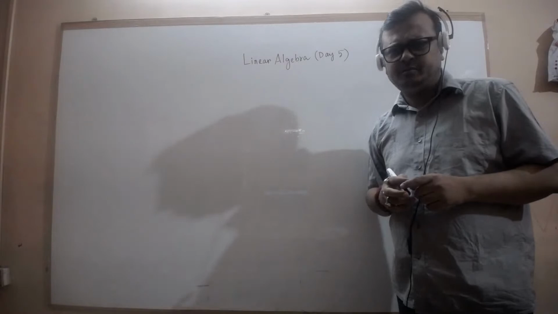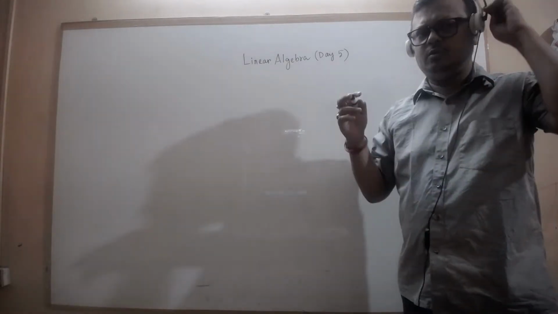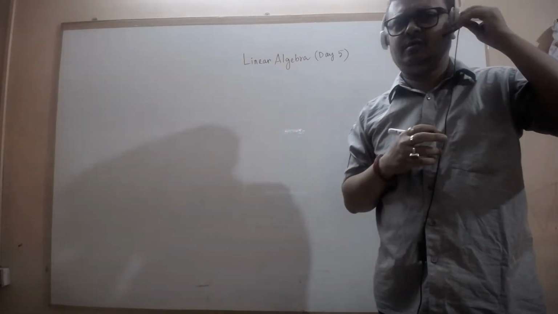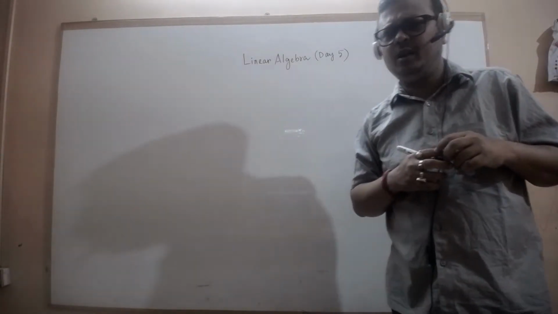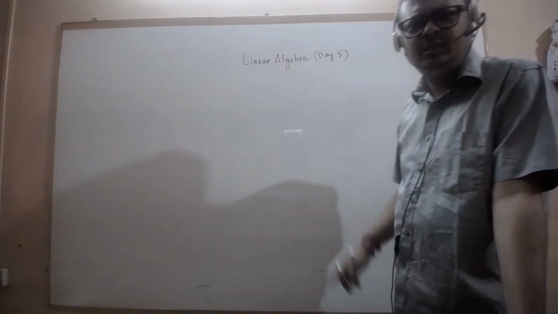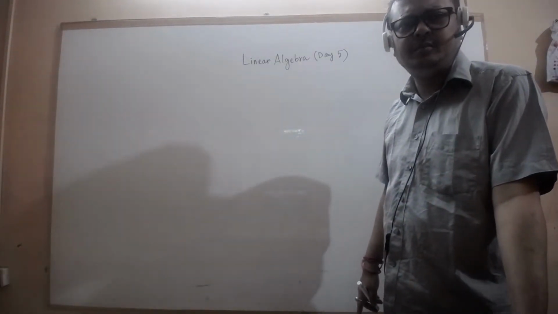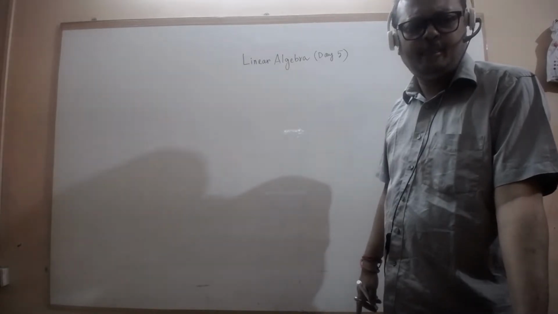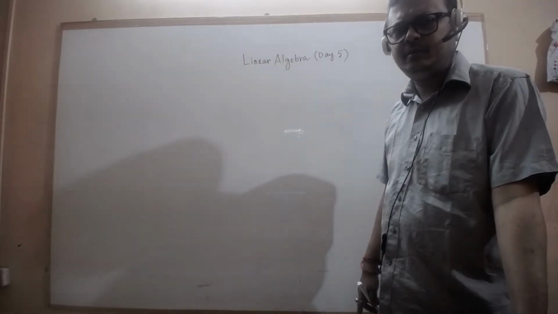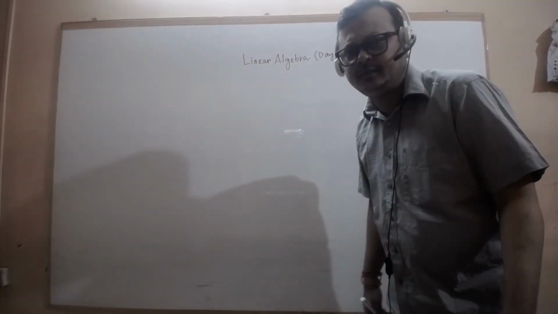Am I audible? Sorry. And now, am I audible now? Please tell me, am I audible? Can you see the blackboard clearly? If not, please tell me. I'm waiting. Yes, okay, thank you.